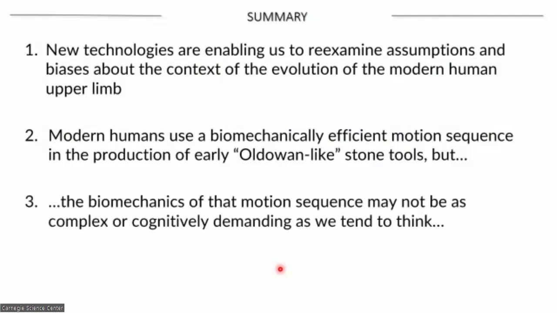But maybe tool production doesn't belong on the complexity pedestal that we've placed it on. Maybe it's really no more complex biomechanically, cognitively, than behaviors that we see across the primate order.